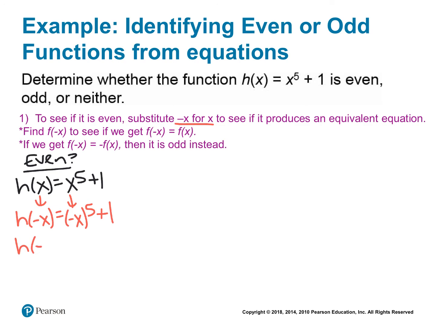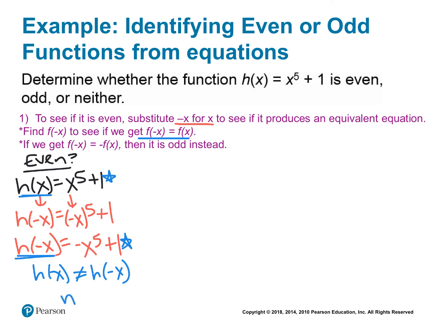And I'm going to get, since it's an odd exponent, it's going to stay negative. So did we get that those equal? This does not equal this. h of x does not equal this. So we know it's not even. I'm going to cross that option off.